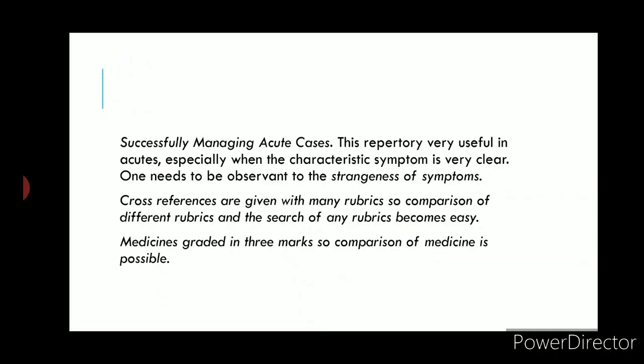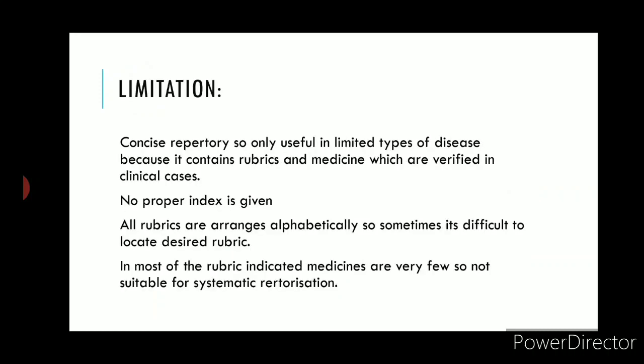Cross references are given with many rubrics, so you can use one rubric instead of others. And medicines are graded in 3 marks, so you can easily compare the marks or intensity of medicines. Limitation is that it is a concise repertory, so its use is very limited. You have to evaluate your use of the repertory and use it in particular cases.